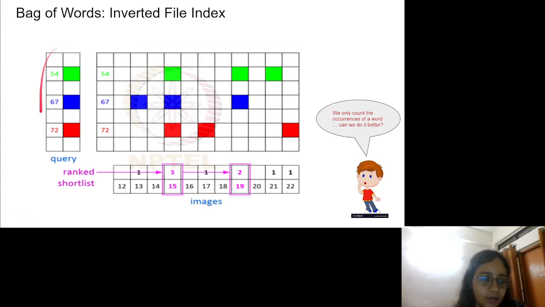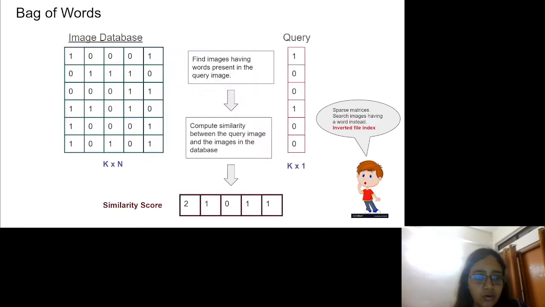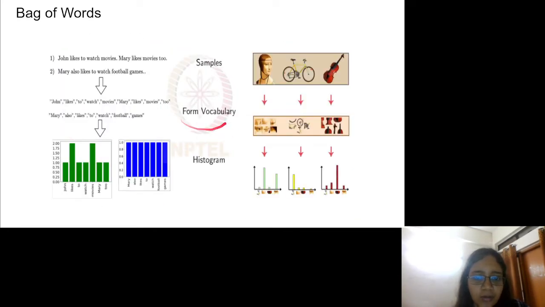So suppose this is your query image. The query image has only three objects, three visual words. Suppose one is this green one, then the blue one, then the red one. These 54, 67, 72 are just numbers in your dictionary. As I said, you are forming a vocabulary, similar to the Oxford dictionary that you carry.